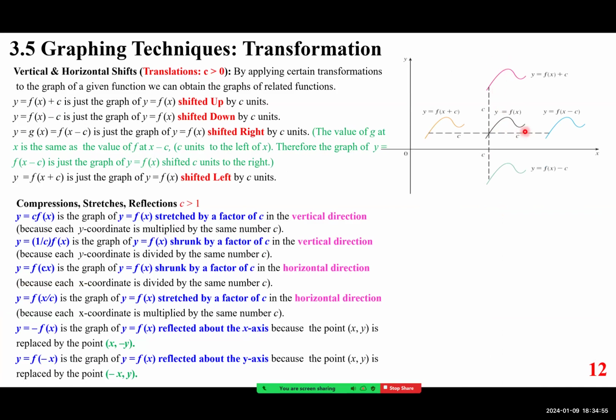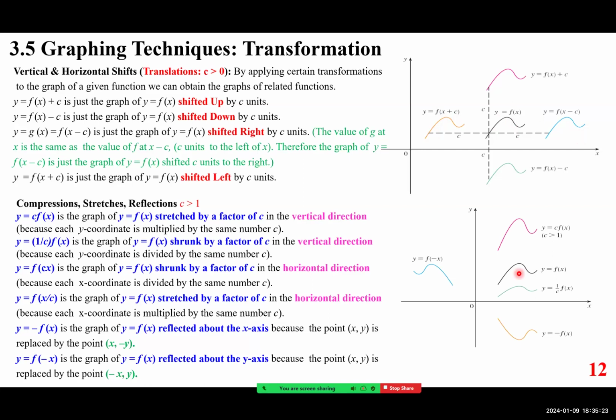F of x minus c is the same function coming down by c units. Inside the parentheses, f of x minus c is the same function shifted to the right by c units. And f of x plus c is the same function shifted to the left. So the shape doesn't change, it just moves, okay?